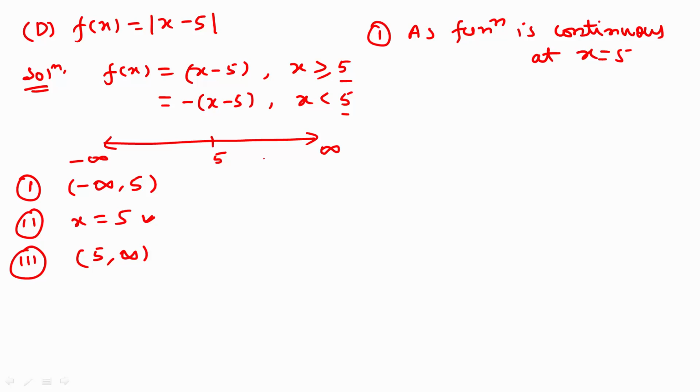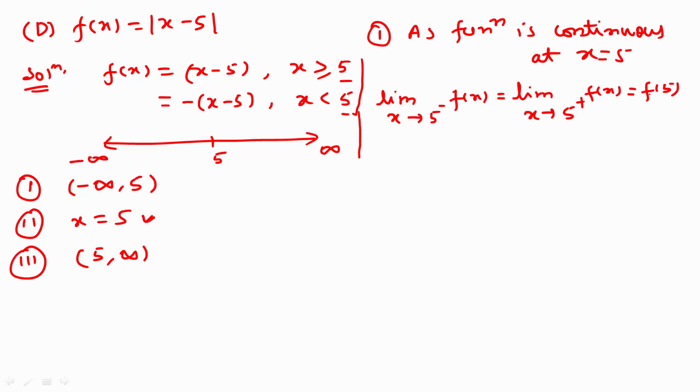So limit x tends to 5 minus f(x) is equal to limit x tends to 5 plus f(x) is equal to f of 5. Limit x tends to 5 minus means that the value of x is less than 5.